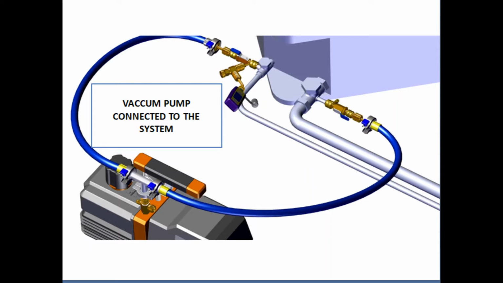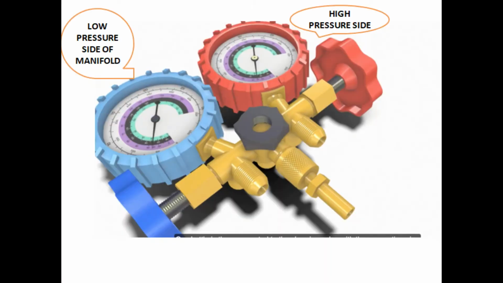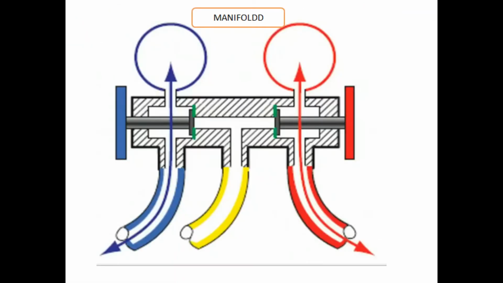As you see, this is the manifold, the low pressure side in a blue color and the high pressure side in red color. This is the sectioned manifold showing the internal construction of the manifold.